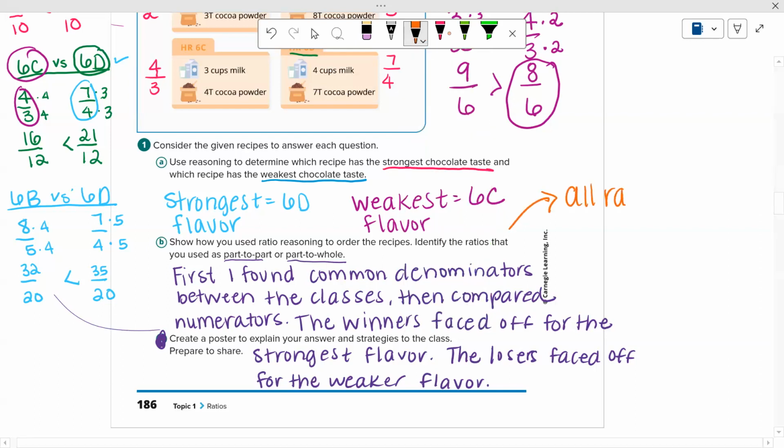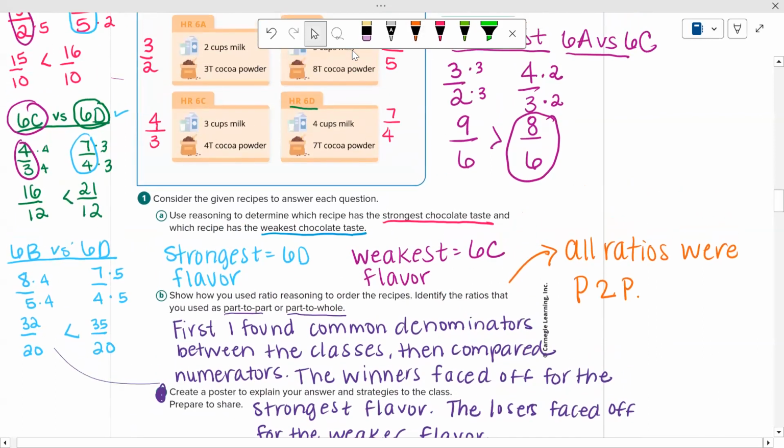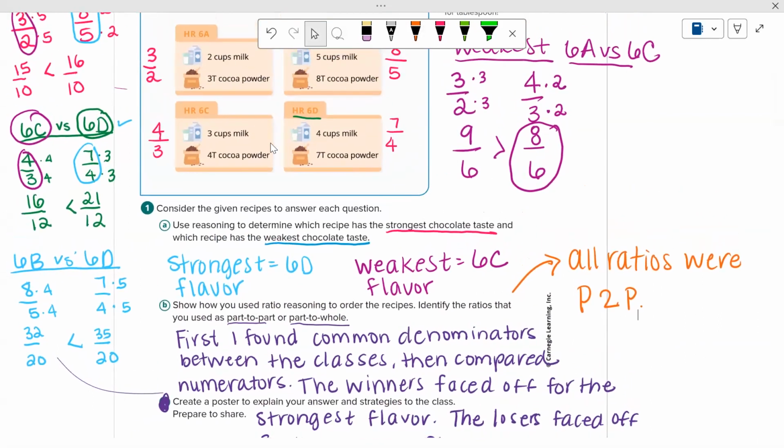All ratios were part to part, P2P, okay? Part to part. Because whole would have meant we added up all of the milk, so 2 plus 5 plus 3 plus 4, and use that number. But instead, we broke it up. So it was part to part, not part to whole.